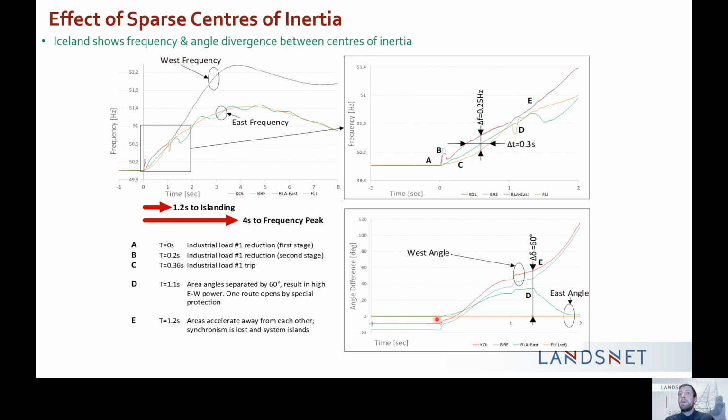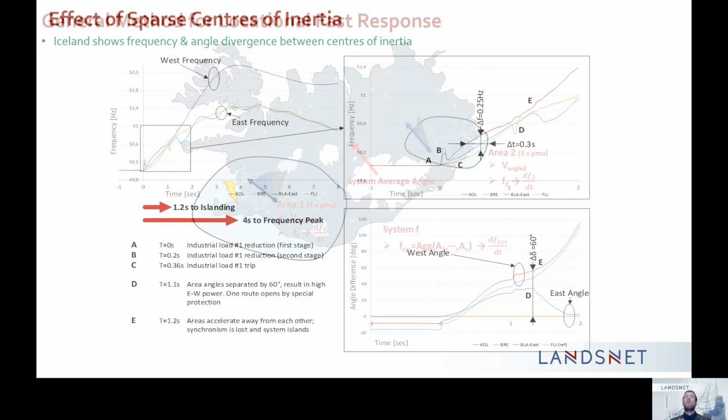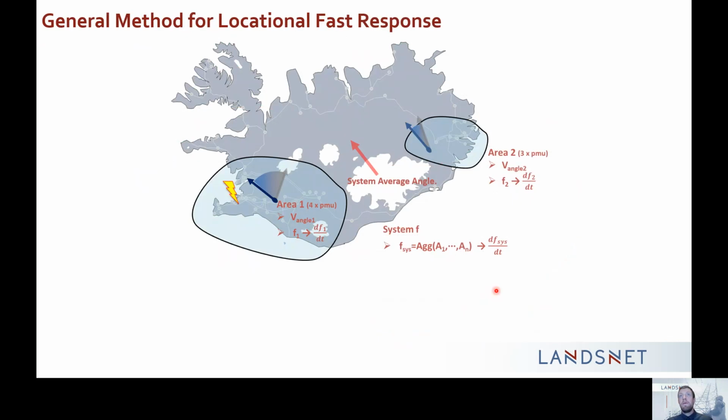And using that alongside angle differences in the grid, we can use that very, very detailed information to create some smart detection and trigger wide area controls. So, going to the general method of it: we looked into strong regions which were unlikely to get islanded, and we started to aggregate multiple PMUs within that zone.